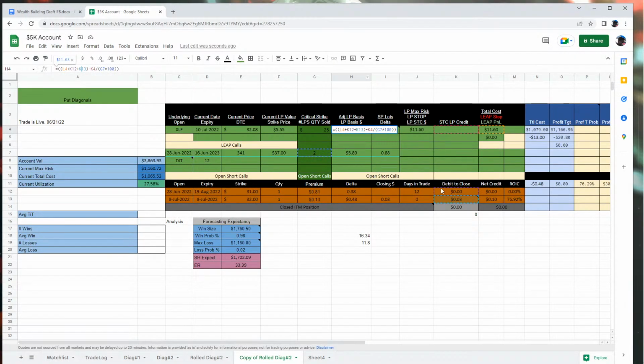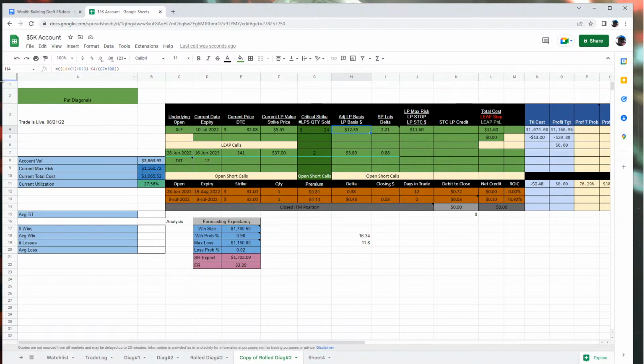So 0.72, boom. That's my debit to close right now. And you can see how it affects my adjusted basis immediately. Having it here, it's 1160. Having it here, it's 1235. It goes up based on the debit to close.